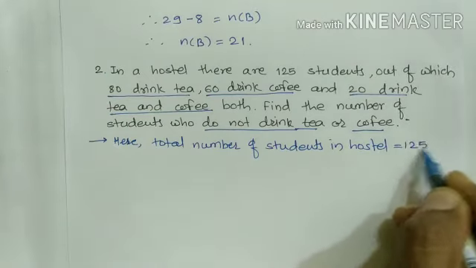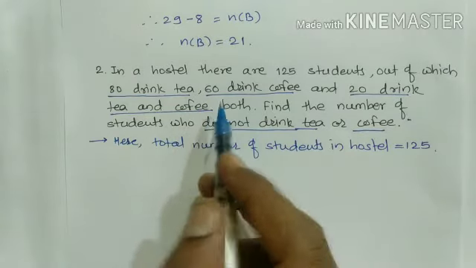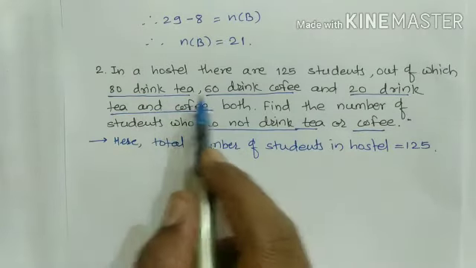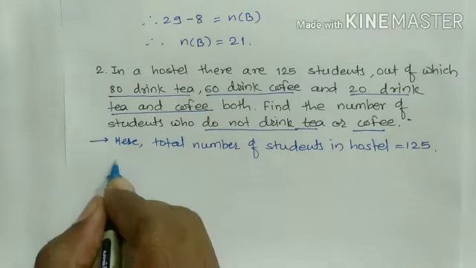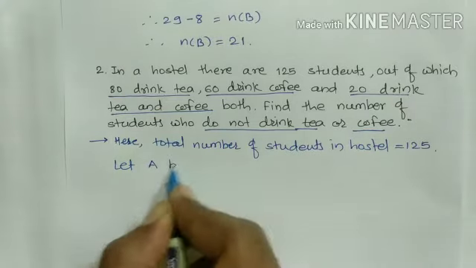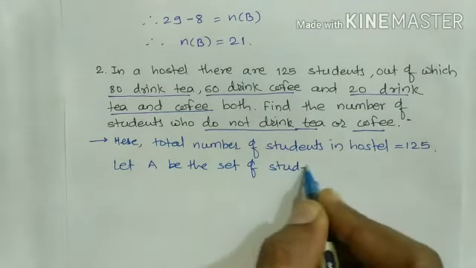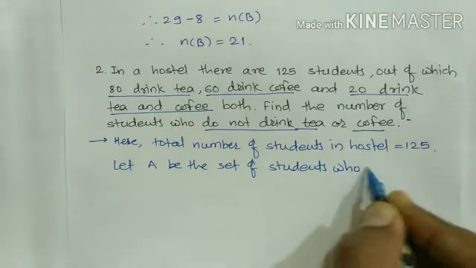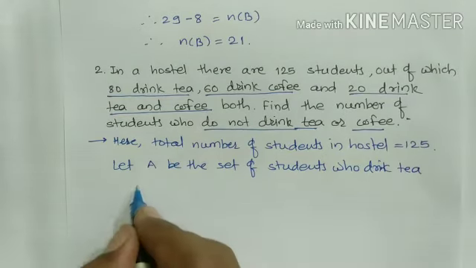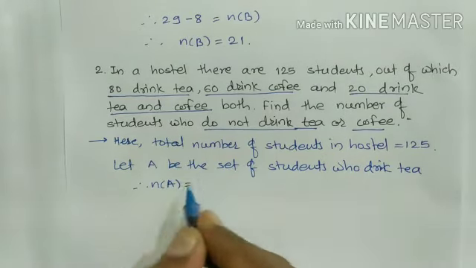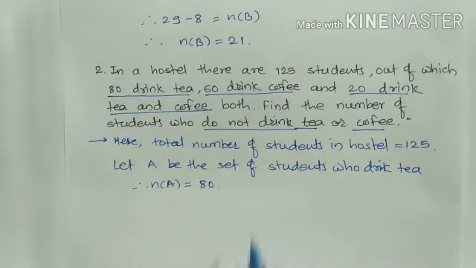total number of students in hostel equals to 125. Then there are two sets of students, which two are the set of students who drink tea and set of students who drink coffee. त्यासाठी आपण दोन सेट्स या ठिकाणी लेट करूया. Let A be the set of students who drink tea and therefore number of A equals to, दिले पाहिजे 80 drink tea, therefore number of A equals to 80.